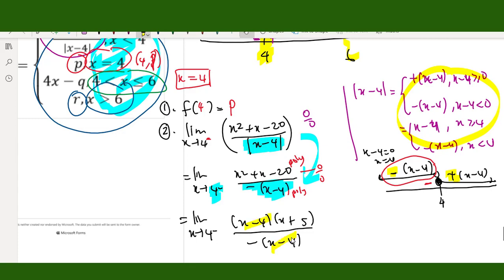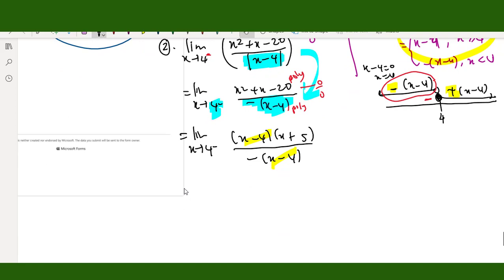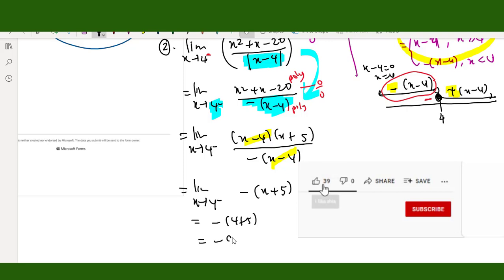Cancel this, and we get negative x plus 5. Substitute: negative 4 plus 5 is equal to negative 9.